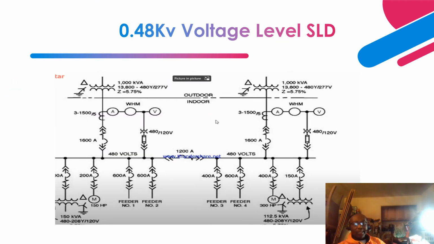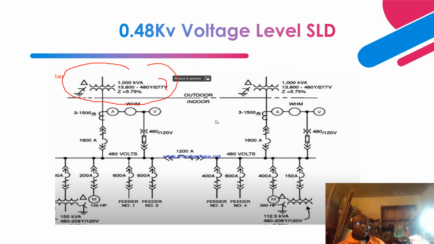Okay, so this is another single line diagram of another 480 volts level motor control center. Or power switch, it could be either motor control center or power switch. So this is basically dedicated transformers, and this one has a 1,000 kVA or 1 MVA transformer, and basically steps the voltage down from 13.8 kV to 480 volts, with a line to ground voltage of 277 volts.